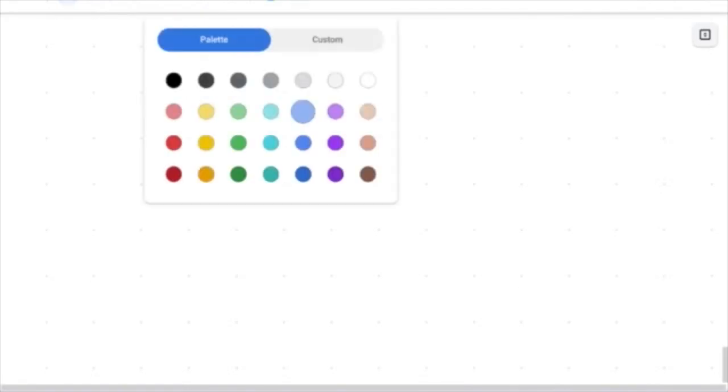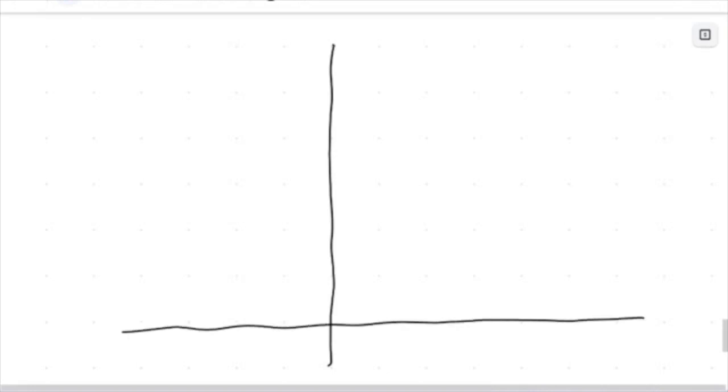Now let me just draw a really nice grid here. I'm going to be very careful to make it to scale because that's going to help me a lot. So let's do it like this here. 1, 2, 3, 4, 5.